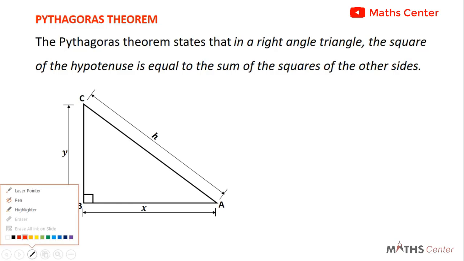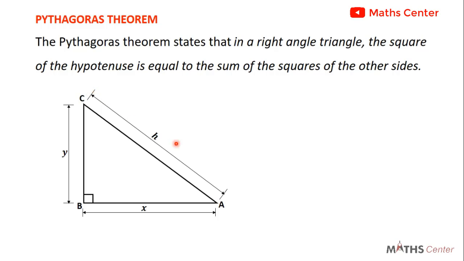So what the Pythagoras theorem states is that if you have a right angle triangle like we have in this diagram here, A, B, C, the square of the hypotenuse, that is the square of the side AC, is equal to the sum of the squares of the other two sides. So the square of the side AC is equal to AB squared plus BC squared.